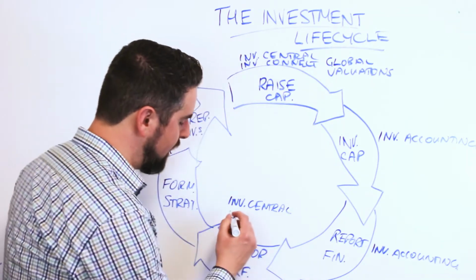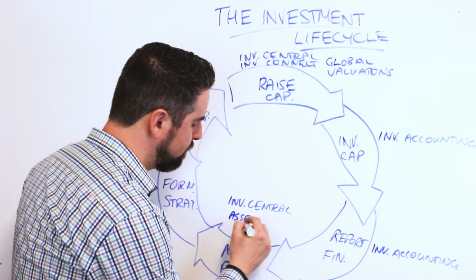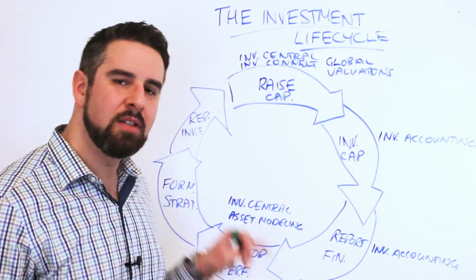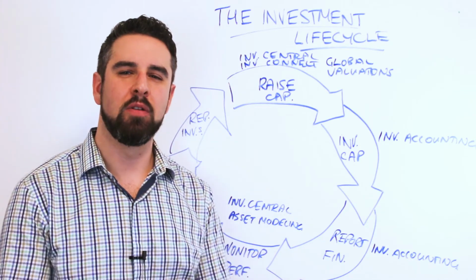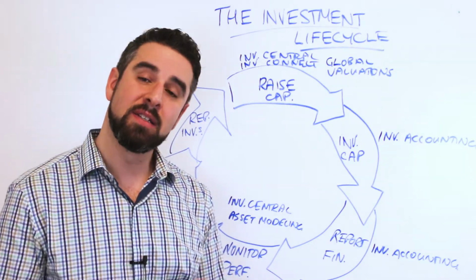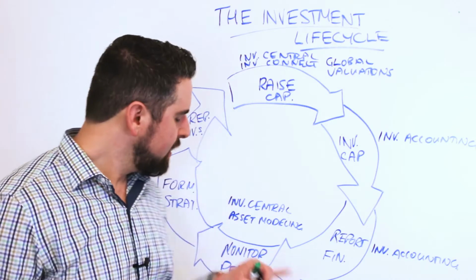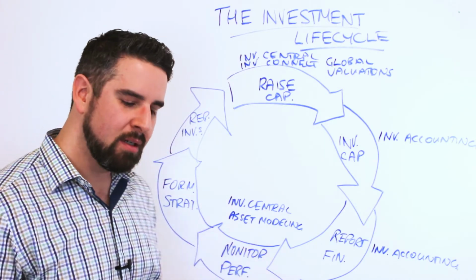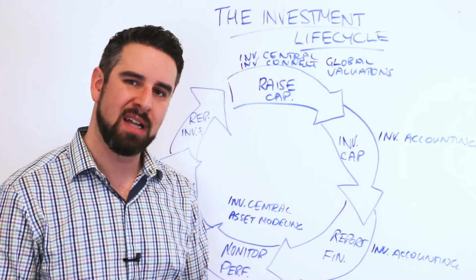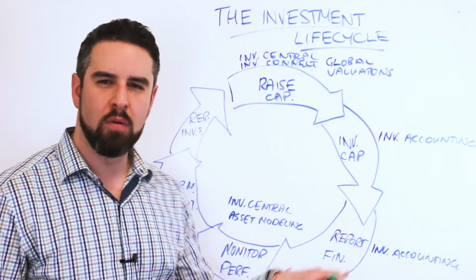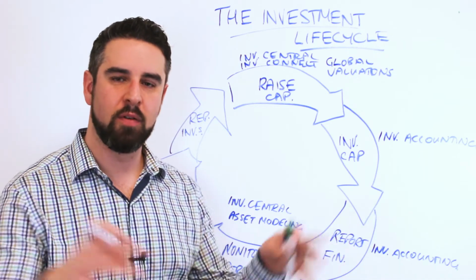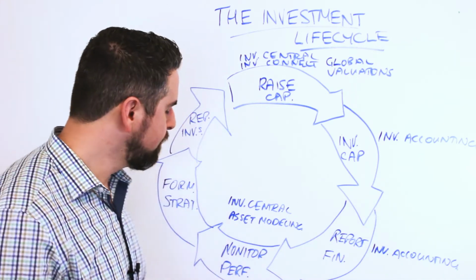In addition to that, we also have asset modeling. Investment Central is the appropriate tool for an asset manager. Asset modeling is more of a tool for the analysts that support and report to the asset manager. In this particular product, you can not only report on the current actual information about those assets, but you can also generate your forward-looking information, your valuations. You can drop all of those forward-looking information into portfolios and so forth.